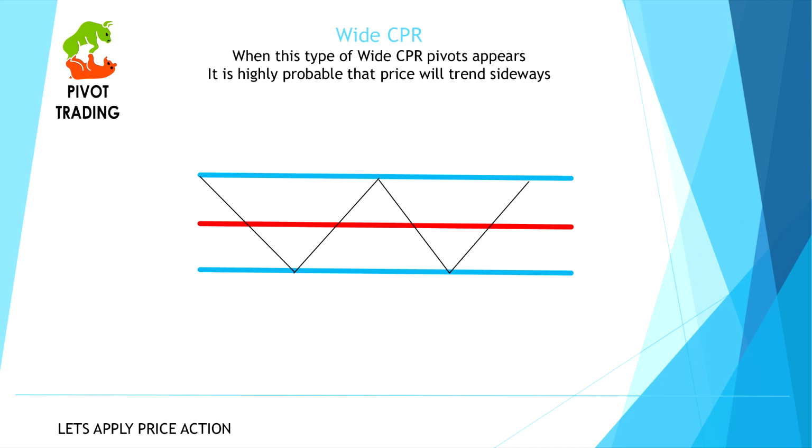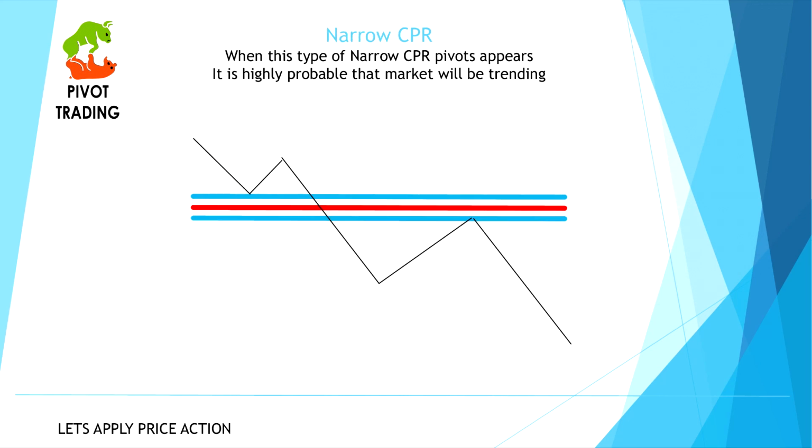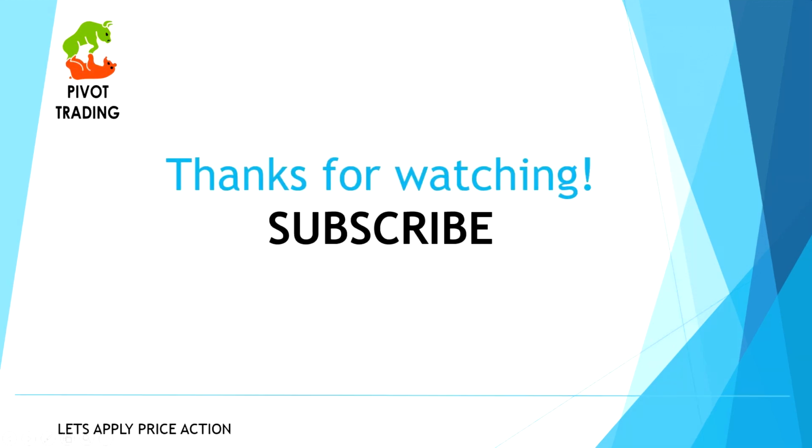This type of CPR is called a wide CPR. Now, let's look at this diagram. This shows top and bottom central pivots closer to pivot point. This indicates that market will be trending. This is called narrow CPR.